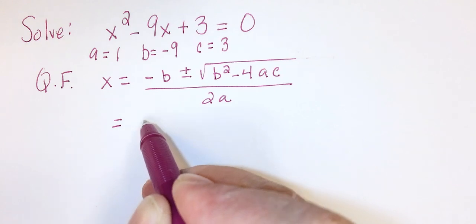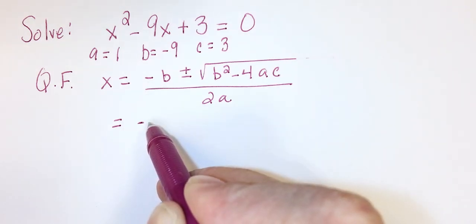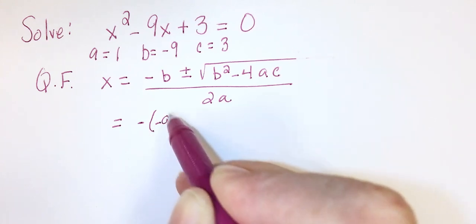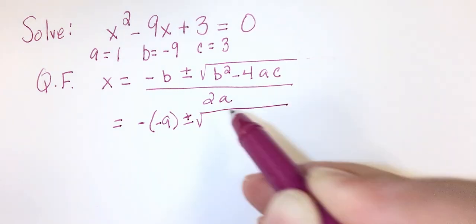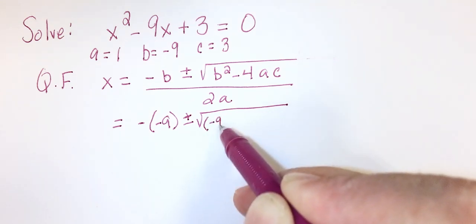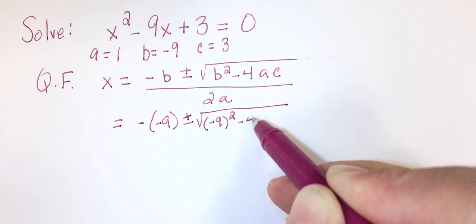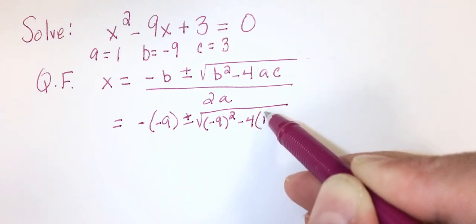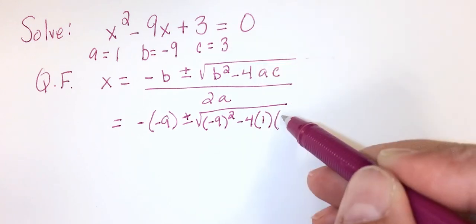We get negative from the formula, and then B, which is -9, plus or minus the square root of -9, which is b, now squared, minus 4 times a, which in our problem is 1, and c in our problem is 3.